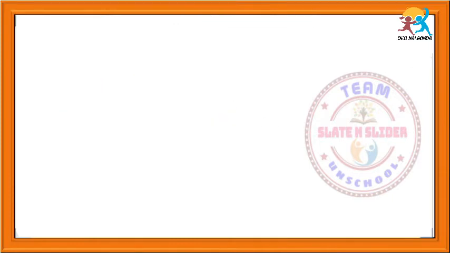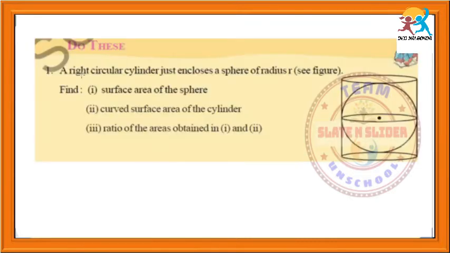Let us take some examples. Let us discuss this question. A right circular cylinder just encloses a sphere of radius r. That means we have to take the cylinder first. In that cylinder, we have to take a sphere. Okay. And the radius of the sphere and the radius of the cylinder are both equal.